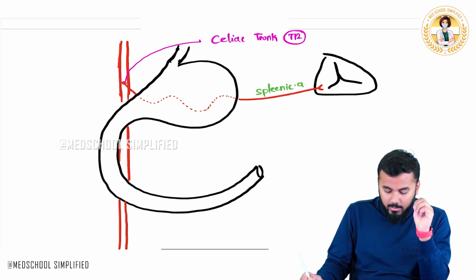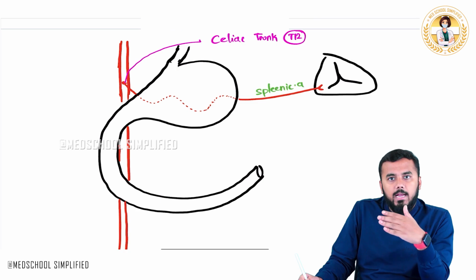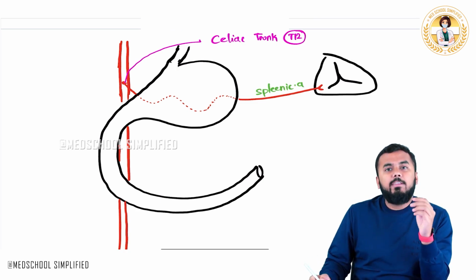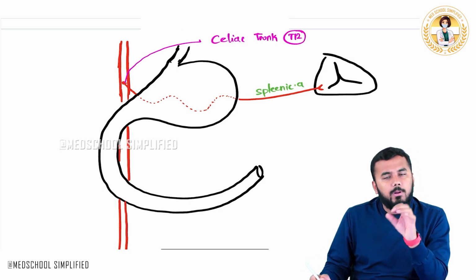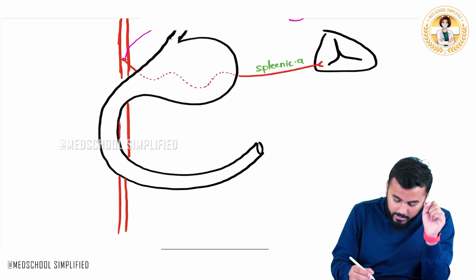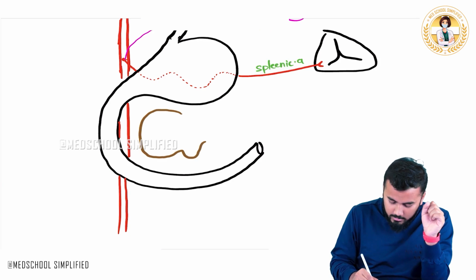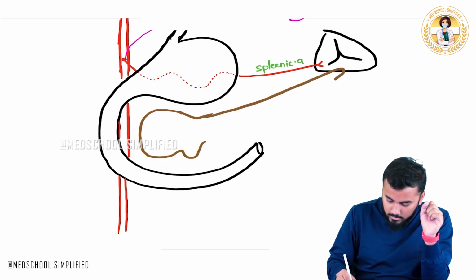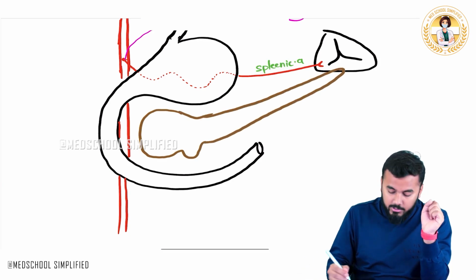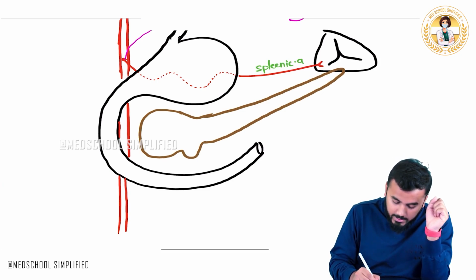Now this entire length of splenic artery gives some minute branches and supplies your pancreas. So if I draw pancreas, you'll understand. Let us say this is the pancreas like this. So this splenic artery gives some minor branches like this.